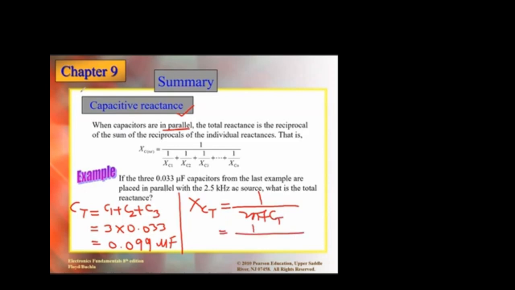Just quickly calculate this one. f is 2.5 times 10 raised to power 3, and CT is given as 0.099 times 10 to the power minus 6. Kindly calculate it and check it. How much is there?